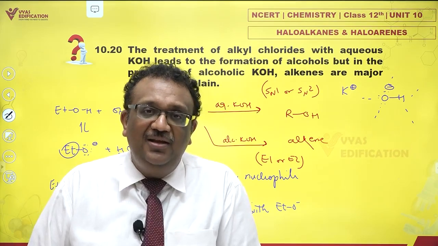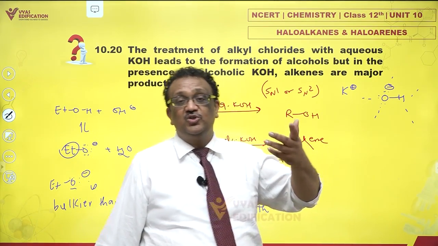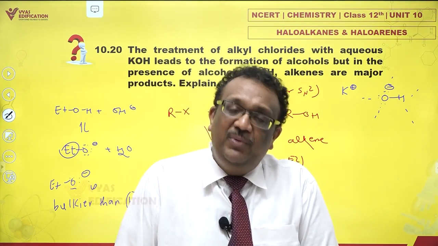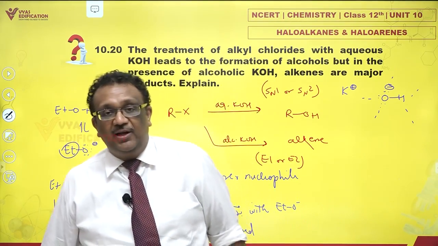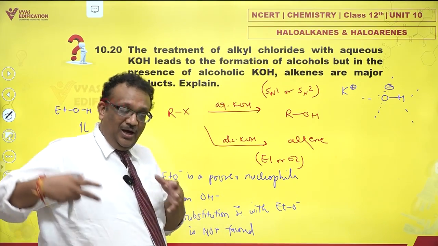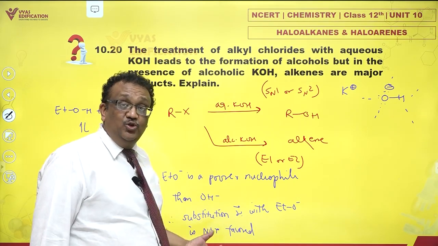Very much indeed. And please note, again, there are rumors like OH minus because of hydration or solvation becomes weak base. That is stupid. If it becomes a weak base, it also would become a weak nucleophile also. This is not correct. The correct reason is bulk. This is bulky. Attaching is difficult. Substitution is difficult for EtO minus.